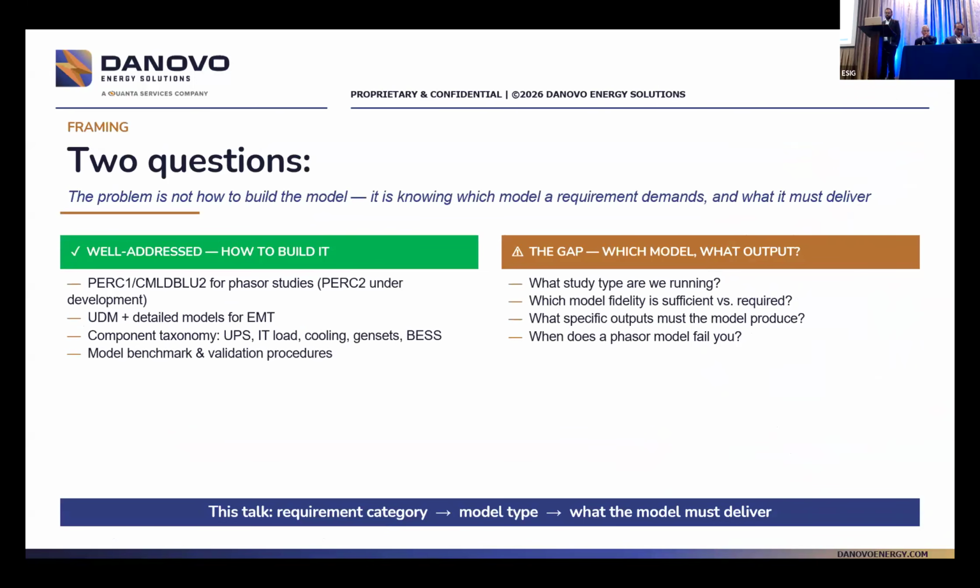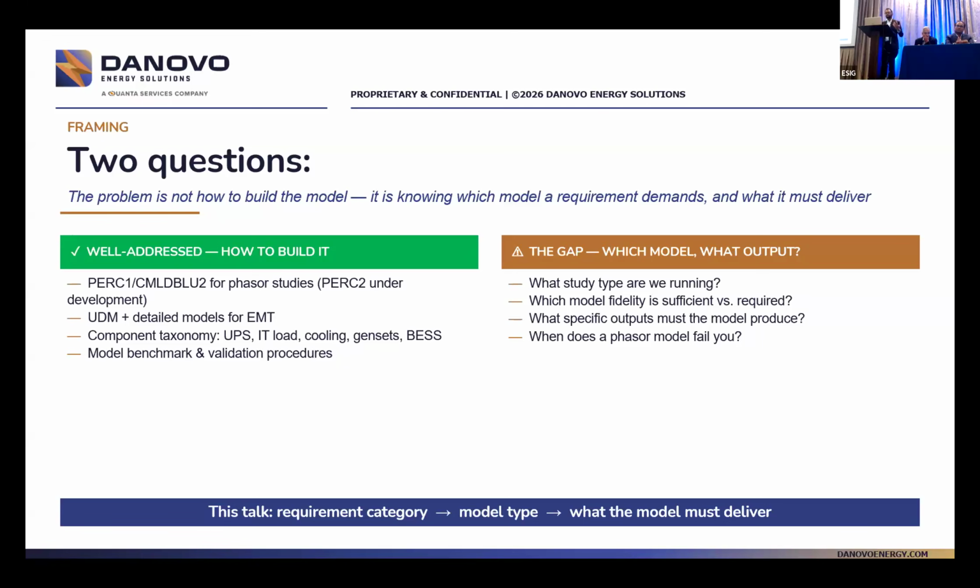With that being said, just two questions to help frame this out. What is well addressed? A lot of good modeling. We've spoken about the CMLD, the composite load models, the modular structure, PERC 1, PERC 2, and a lot of user-defined models that folks are building. Also a lot of detailed models for EMT. And now there is a component level taxonomy that is getting more common.